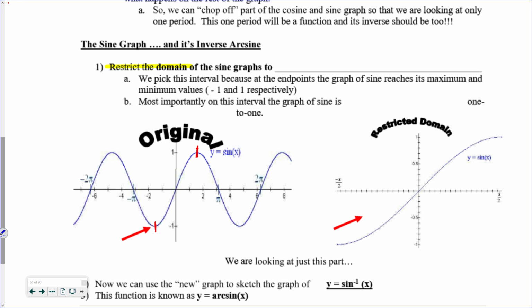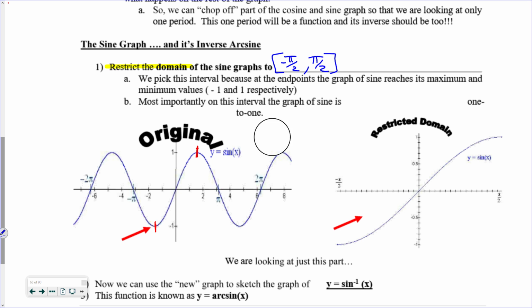So we're going to cut that domain from -pi/2 until pi/2 for sine. So we chunked this graph, we cut it down, and that is actually this graph on the right. The section that I've trimmed is going to be the restricted version of your graph.